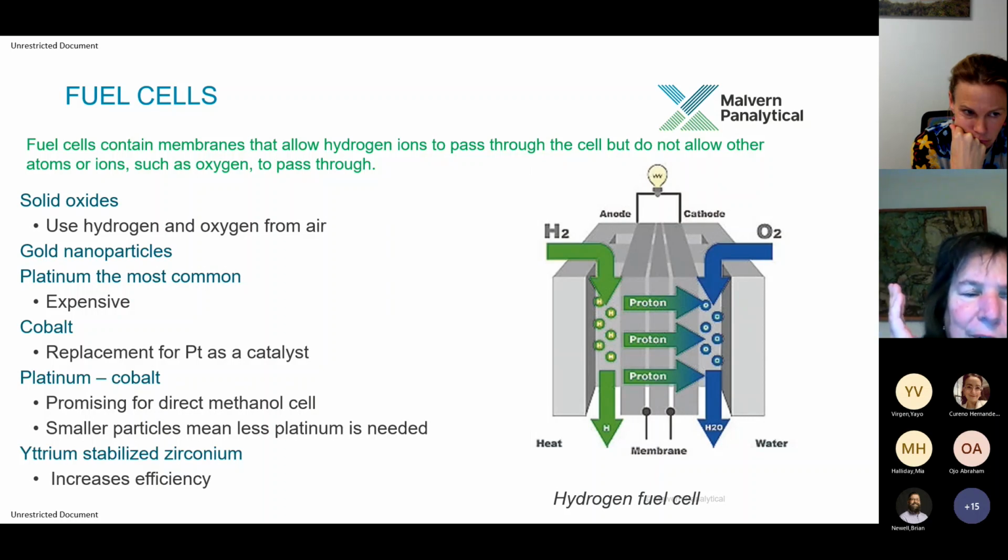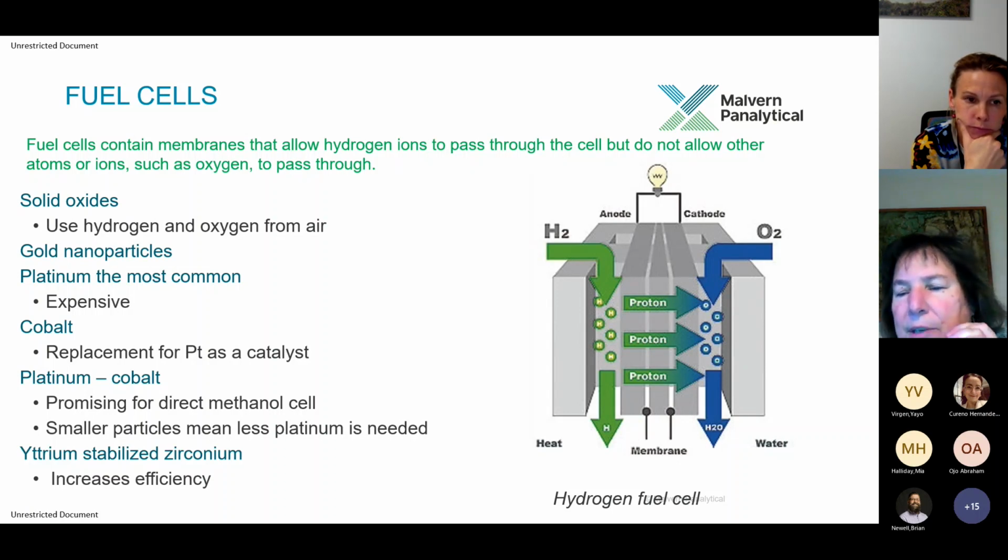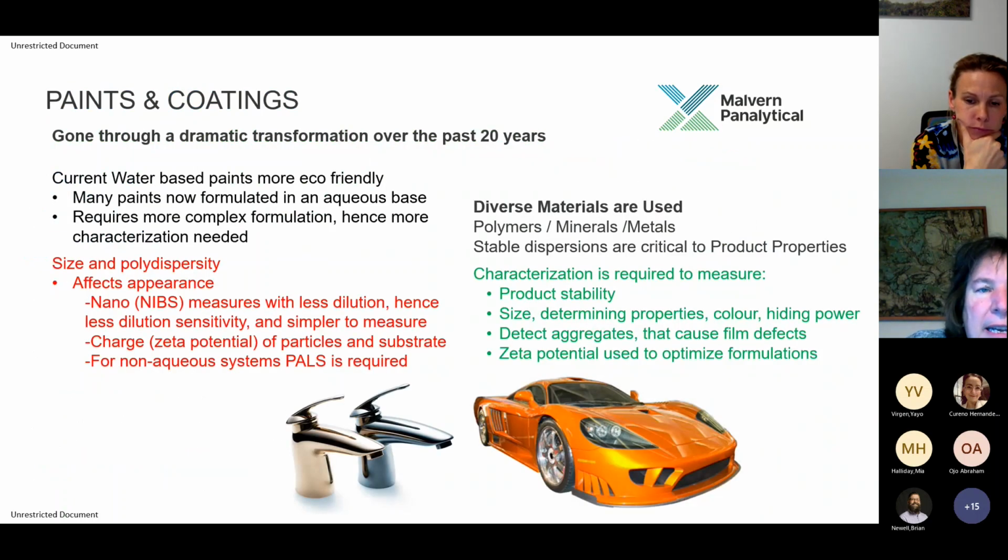Platinum's very expensive. You have cobalt. There are platinum cobalt mixtures, and yttrium stabilized zirconium. But all of these materials really have to be characterized for particle size and size distribution in order to produce fuel cells. Paints and coatings are another big area.